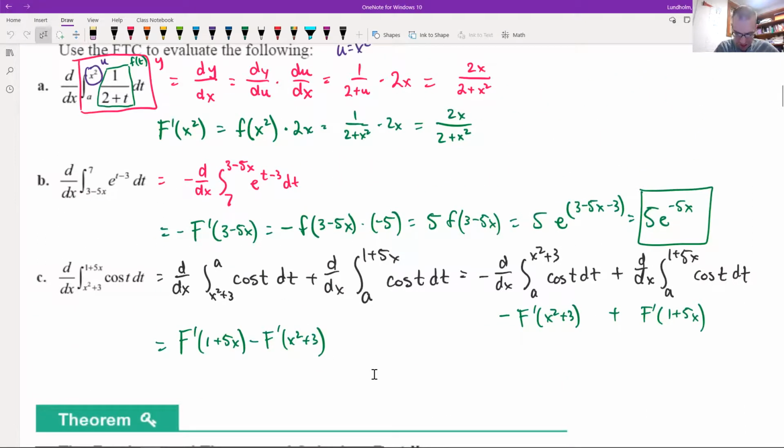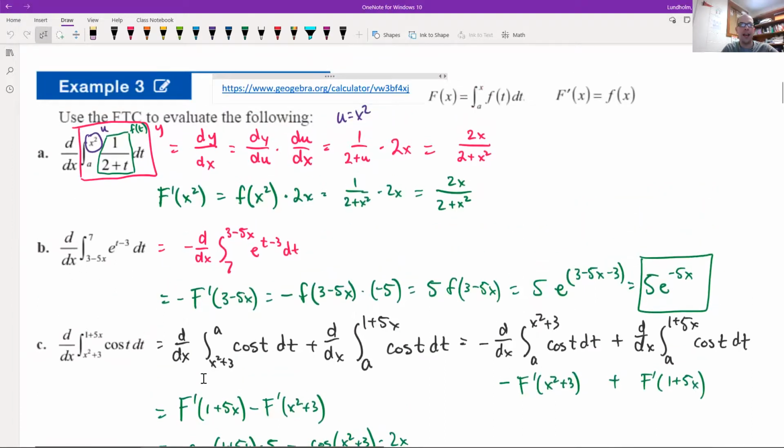Let's go ahead and finish this. So what we're doing is putting in cosine of 1 plus 5x times the derivative of the inside, which is 5, minus cosine of x squared plus 3 times the derivative of the inside, which is 2x.